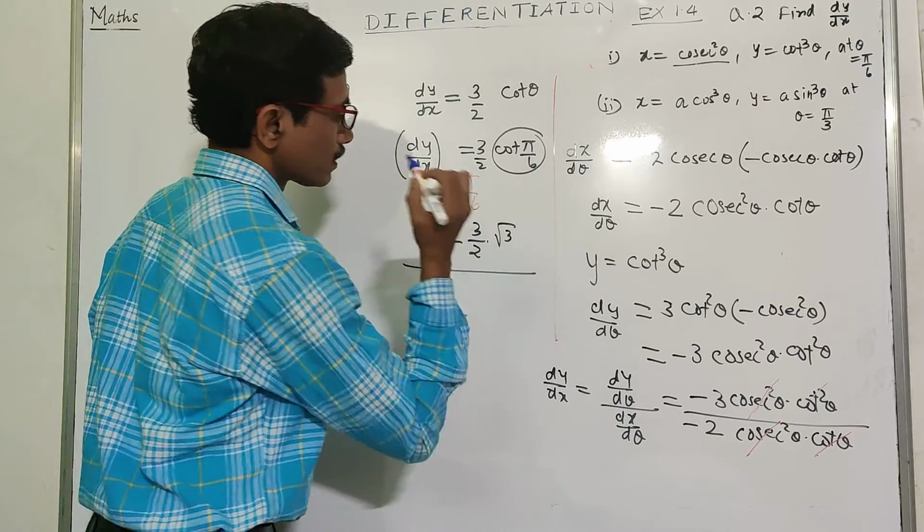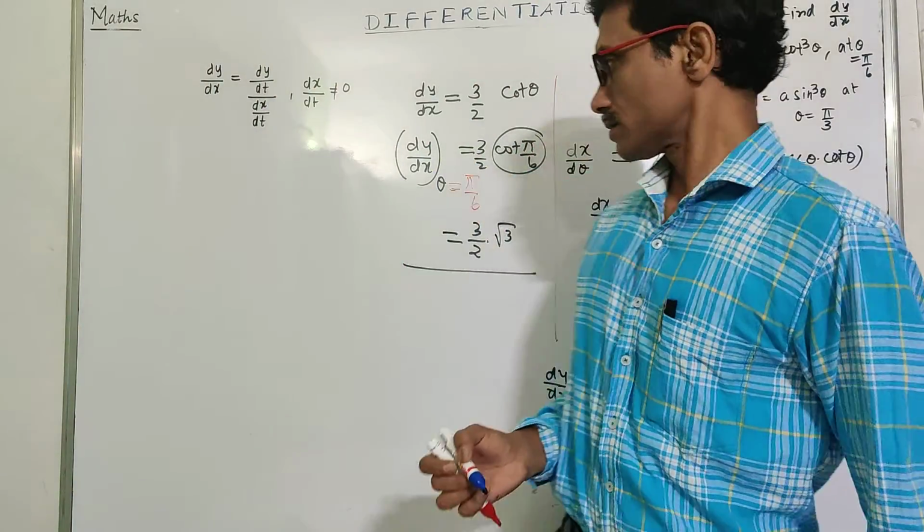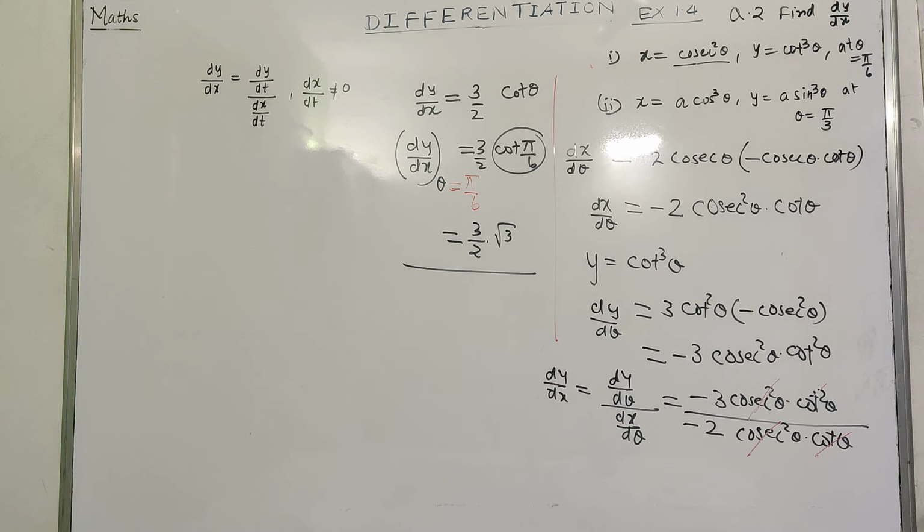So that will be the answer: dy by dx at theta is equal to pi by 6 is 3 root 3 upon 2.